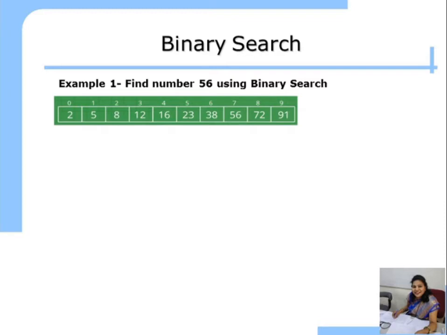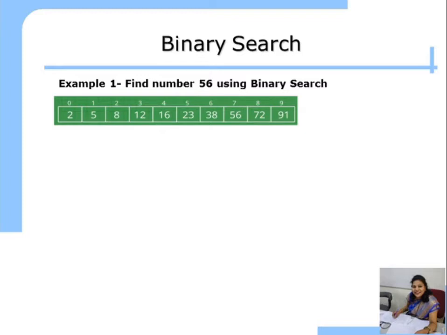In the example, you can see I have taken an array of size 10, index 0 to 9, and I have taken all the array elements in sorted order. We cannot perform binary search on unsorted data. This is the only disadvantage of binary search, but it is faster than linear search.